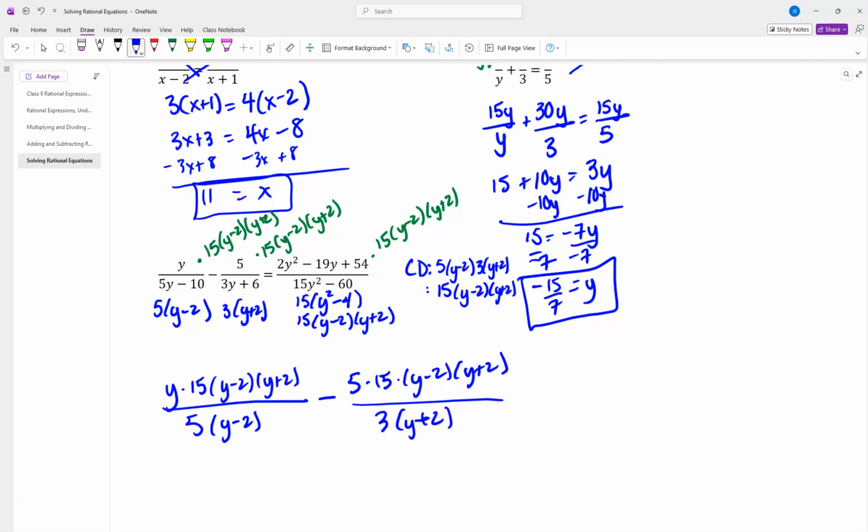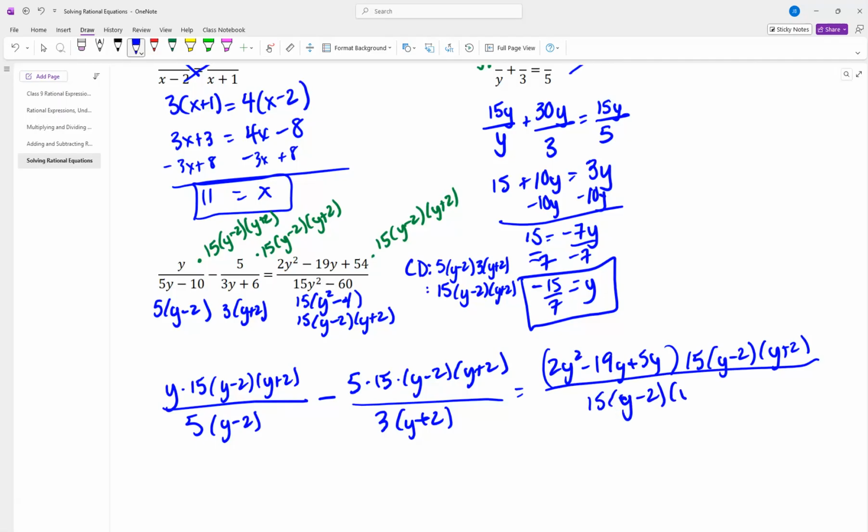And then this is equal to 2y squared minus 19y plus 54, and I want to multiply all that by 15, y minus 2, y plus 2, all over 15, y minus 2, y plus 2. Now this is looking intense. It'll be fine.